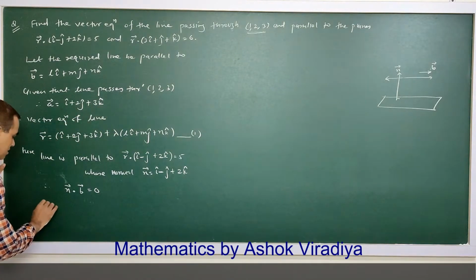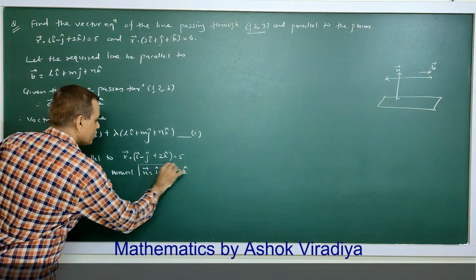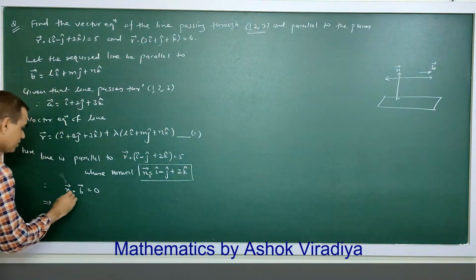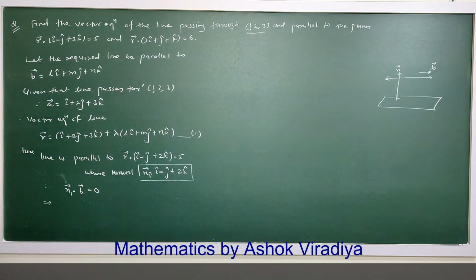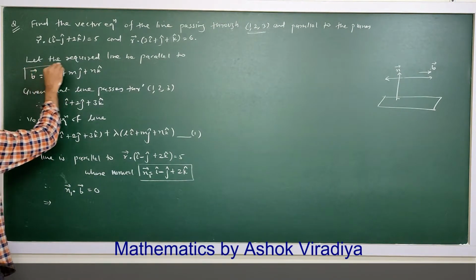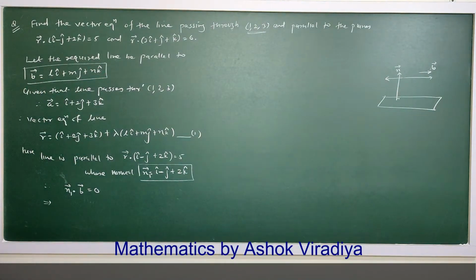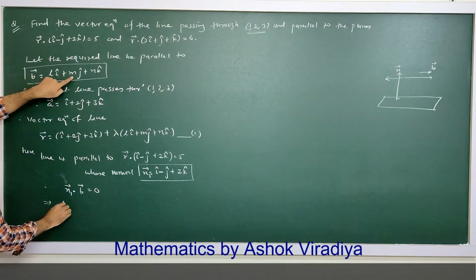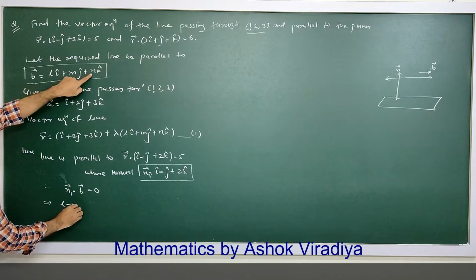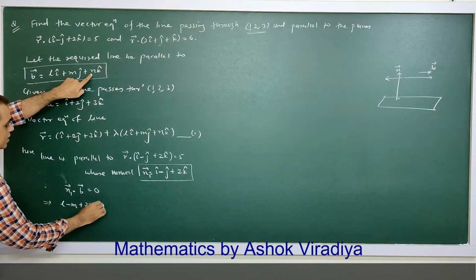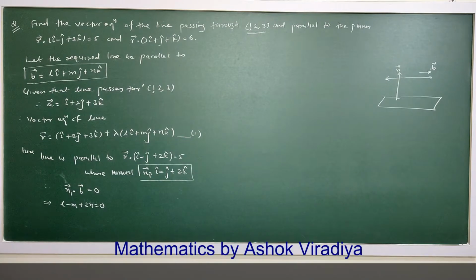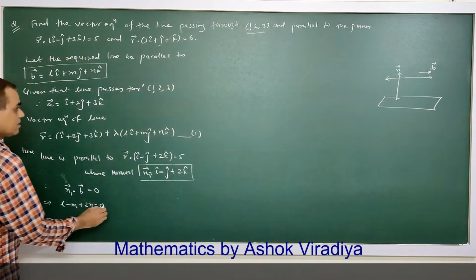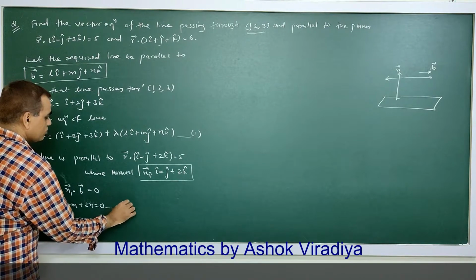So therefore the dot product of this vector, let me say vector n1, because we have two planes with which the line is parallel. So this is vector n1 dot vector b, the dot product is 0. So taking the dot product of these two vectors, L into 1 is L, M into minus 1 is minus M, N into 2 is 2N, equal to 0. This is, let me say, equation 2.